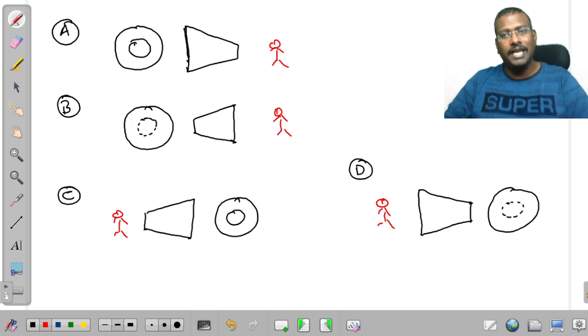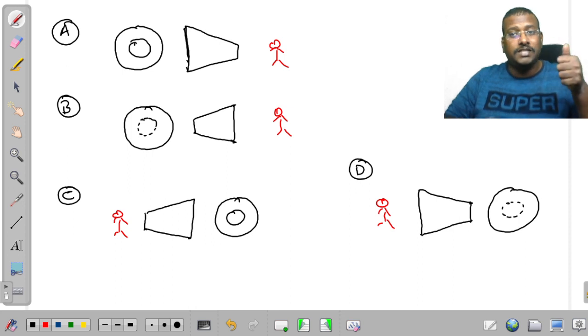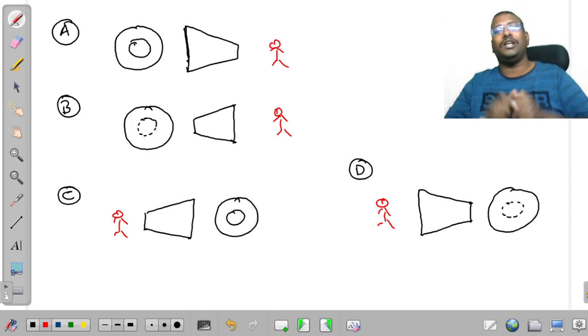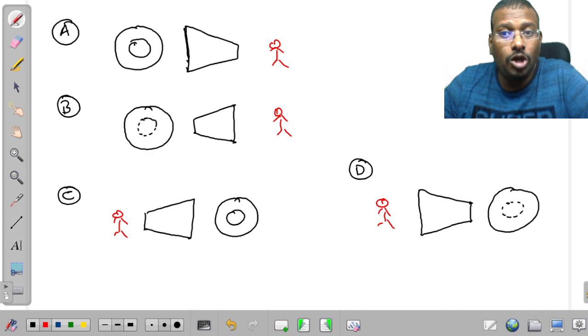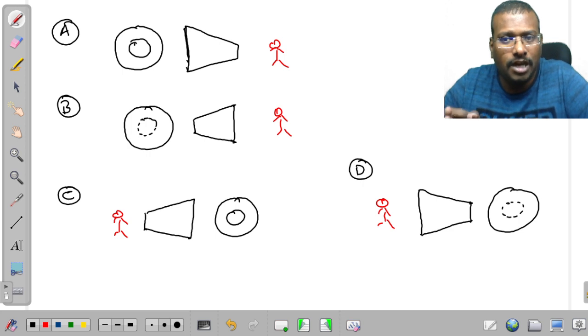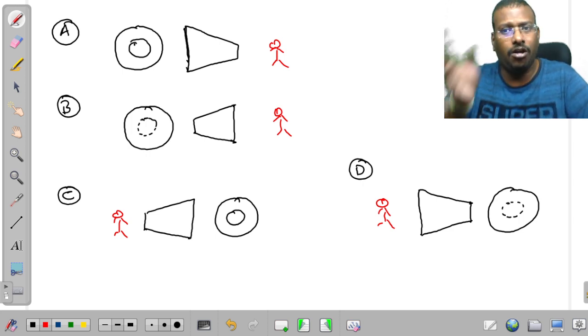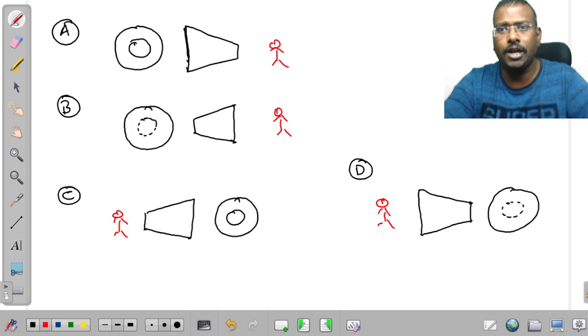If you observe options C and D, the observer is on the left side, the side view is drawn on the right side. Don't think that always one representation is there for the first angle projection. If you remember the concept, you can easily know it. All these 4 diagrams are related to first angle projection.